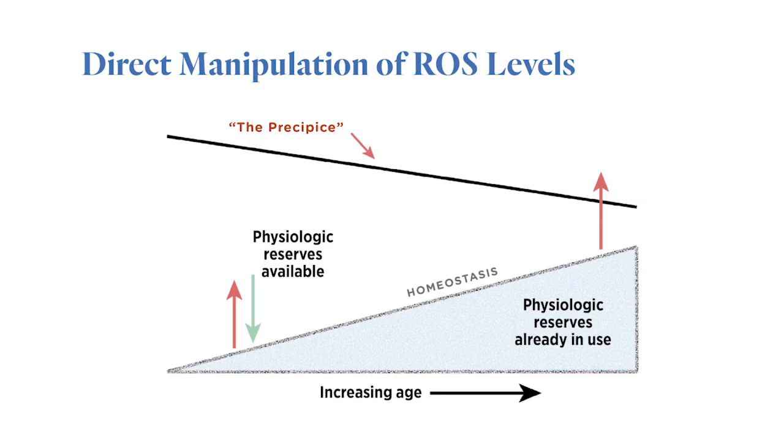Thus, the real test of the theory is a direct manipulation of ROS levels or ROS detoxification systems and a subsequent evaluation of the resulting lifespans. Over the last decades, many such tests have been performed, and they all have failed to show causality.